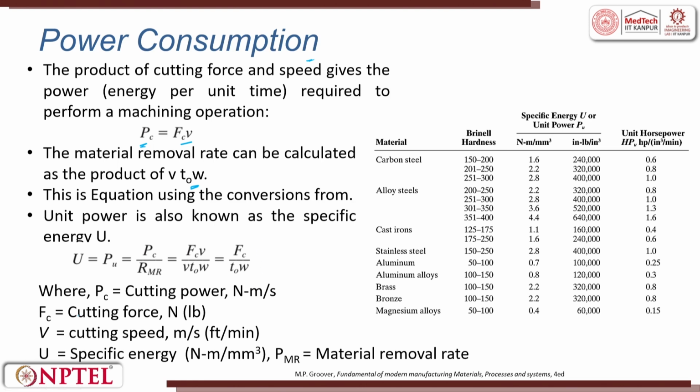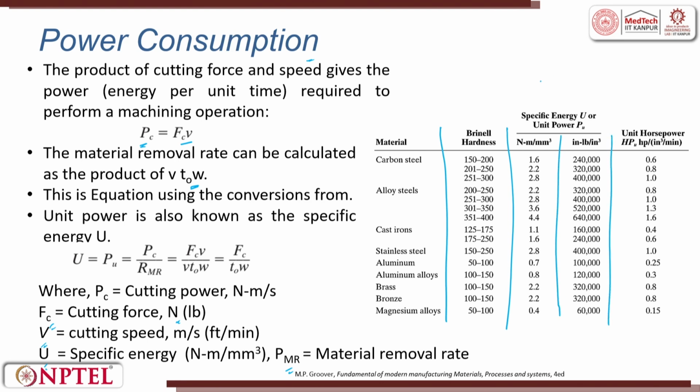Fc is given in newtons, V is given in meters per second, specific unit is given in Newton meter per millimeter cube. So, here you can see that I have given you various materials, what are their hardness, what is the force, what is the unit power consumption, unit energy required for material removal.